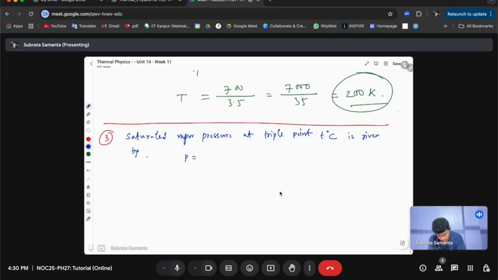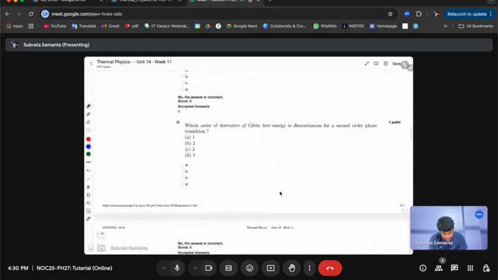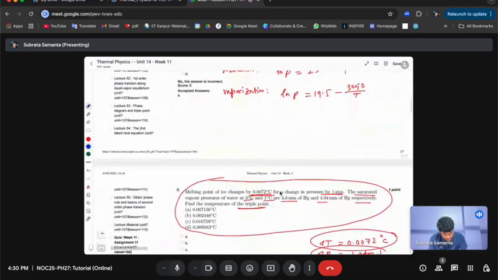P equals 4.6. Here this is very crucial: 4.6 is in millimeters of Hg at 0 degrees centigrade, and at 1 degree centigrade it is 4.94.